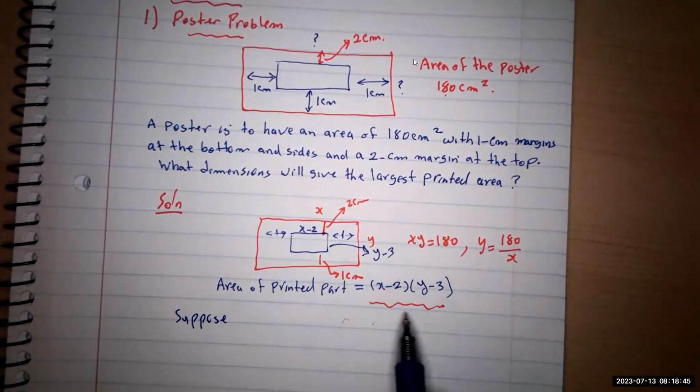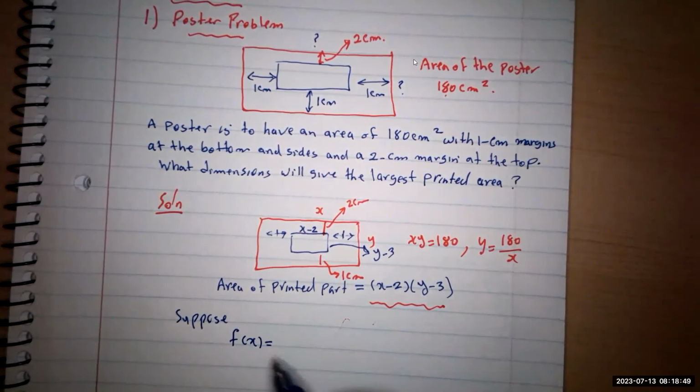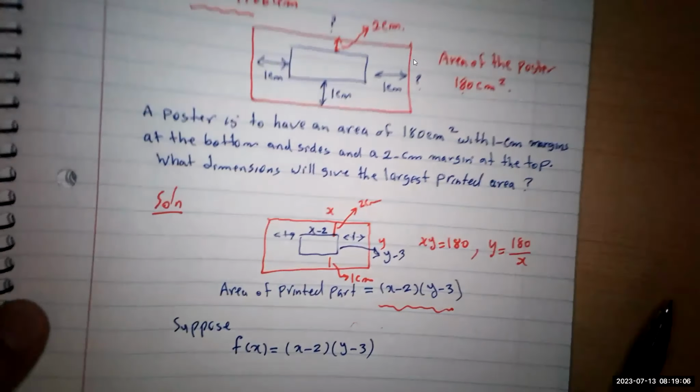So your function is going to be f of x. f of x is equal to x minus 2 times y minus 3. But you say f of x, and you have x and y, so quickly you have to bring in y. But where is y? y is 180 over x.